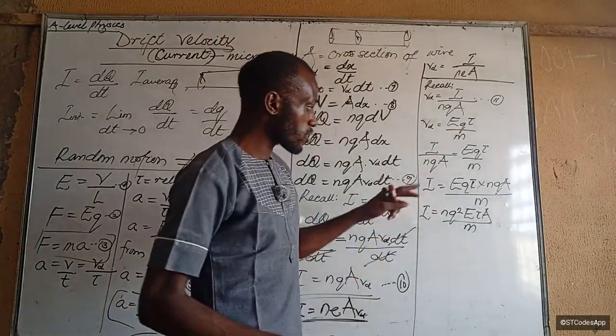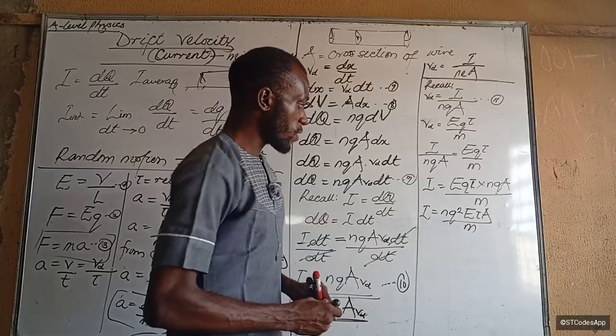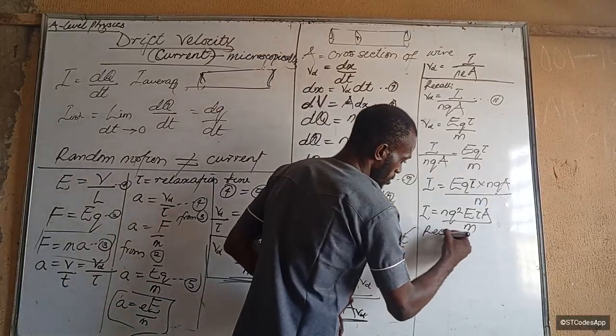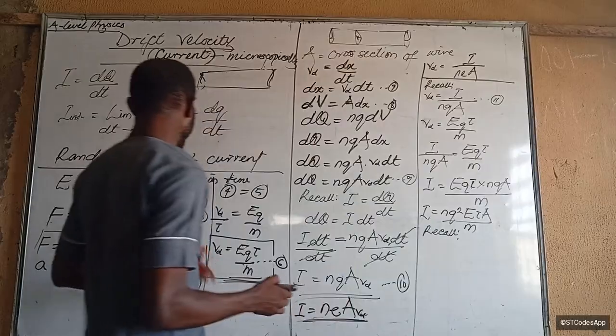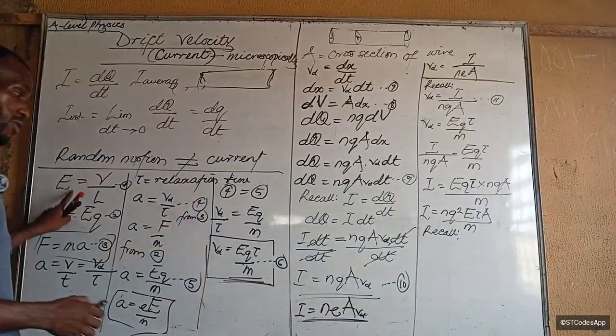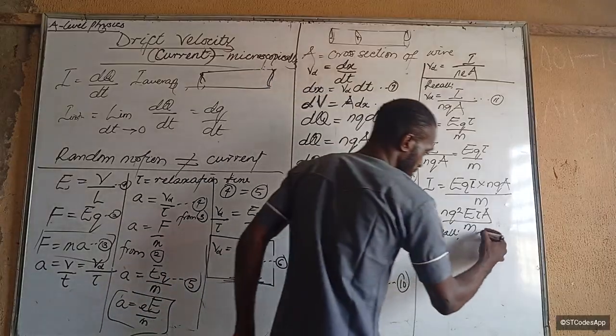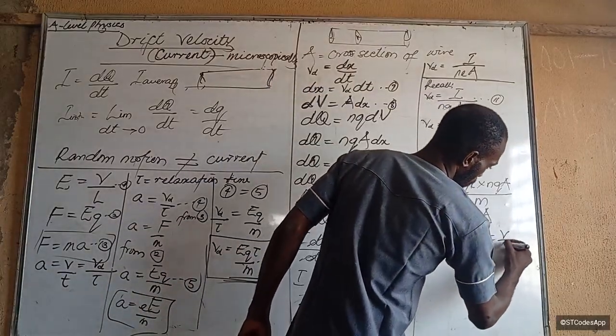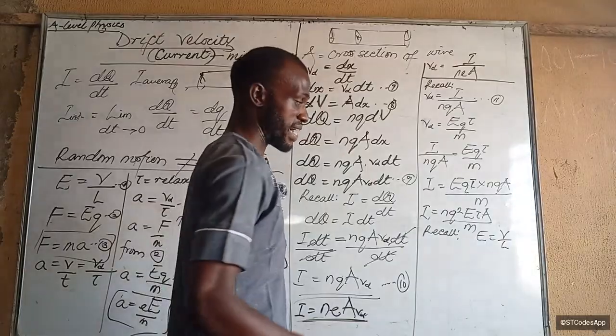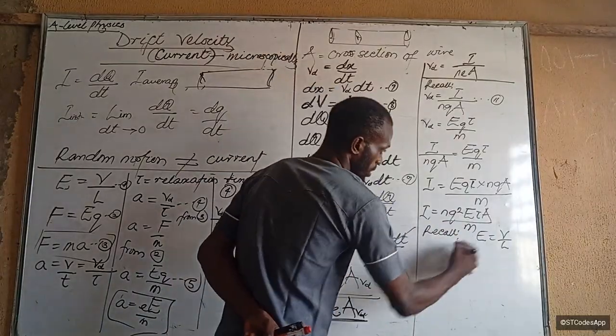Alright. So if this be the case, then we recall also from equation, I can't remember, equation 1, that E is equal to V per L, V over L. So we can substitute in here.